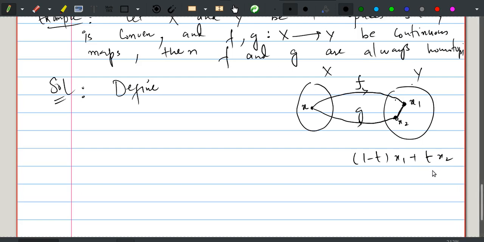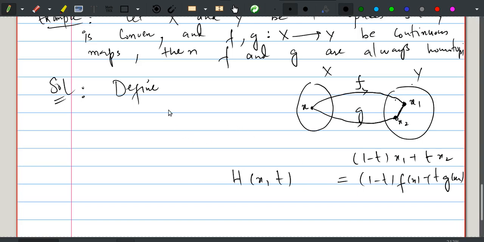This is called a convex combination because the sum of these two coefficients is 1. So this is the same as (1 minus t) times f of x plus t times g of x, because f takes point x to x1 and g takes x to x2. So this will be our homotopy.